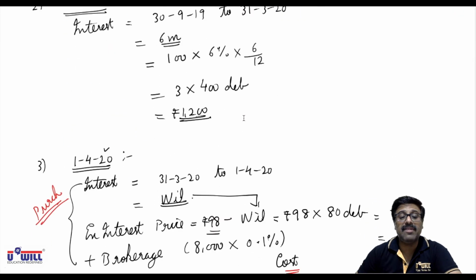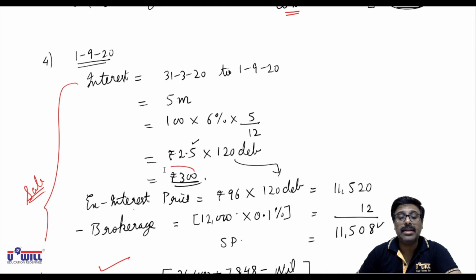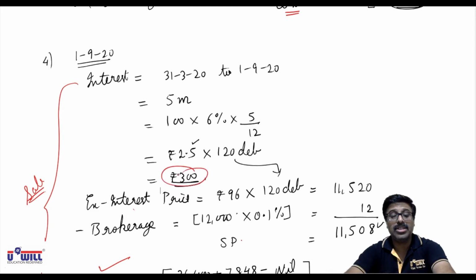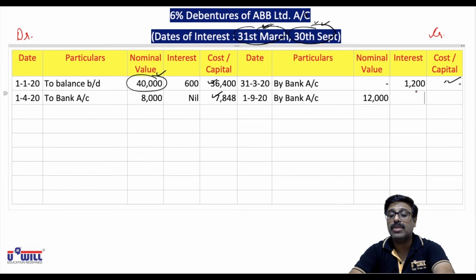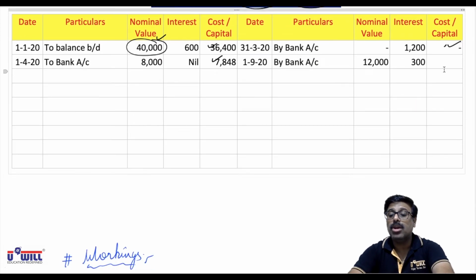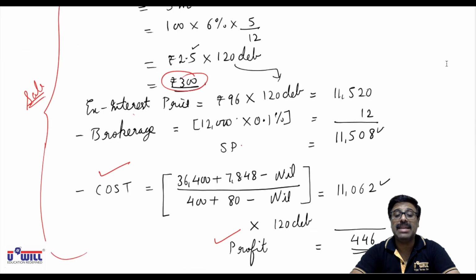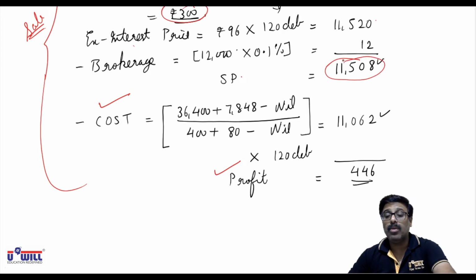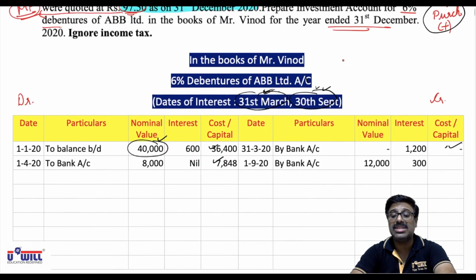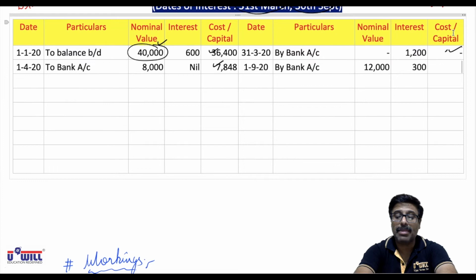Interest column: see in the workings what interest we calculated, 300. Cost or capital, you'll record the selling price, basically the ex-interest price, but here the ex-interest price after deducting the brokerage is 11508. That is your selling price. So in the cost or capital column, 11508.